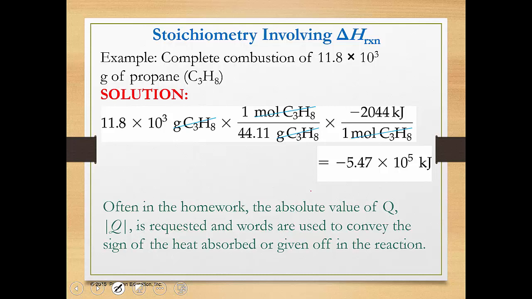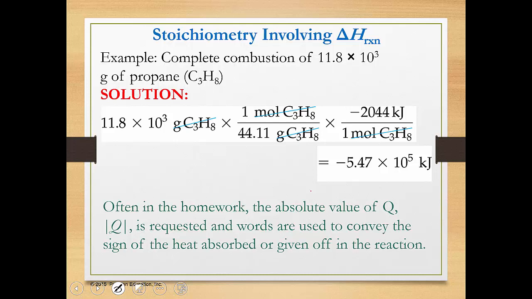Now, often in the homework, you will see that they ask for just the absolute value of Q. They just want to know what is the quantity for the heat, either being emitted or absorbed. And then they ask for words to convey the sign. So instead of saying positive or negative, they're going to ask you to say that 5.47 times 10 to the 5th kilojoules of energy were emitted.